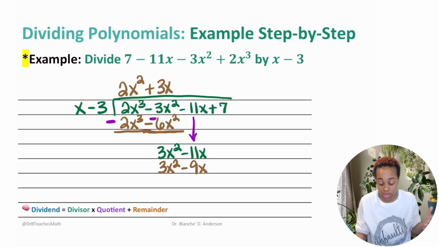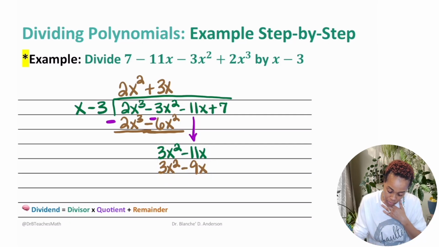The reason I knew that was off is that, remember, you're combining like terms: x's go with x's, x squared goes with x squared. Cool beans. So now everybody gets subtracted. 3x squared minus 3x squared is 0. Then we have a minus 11x minus a negative 9x.